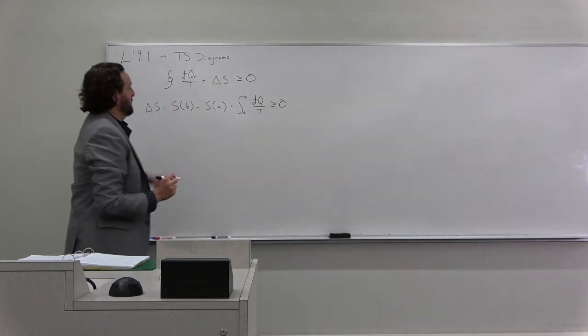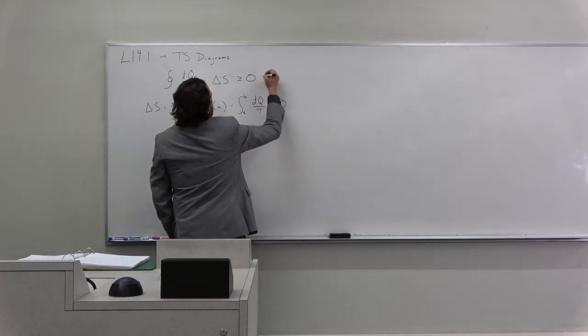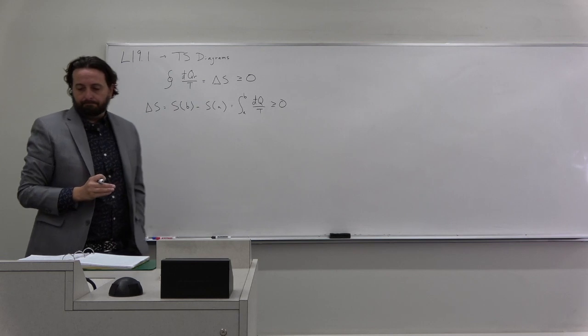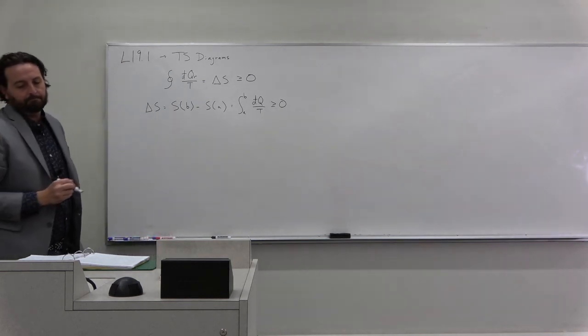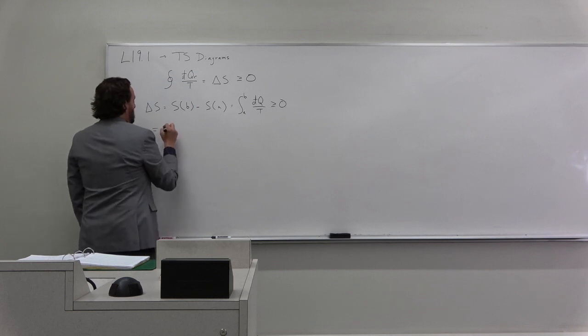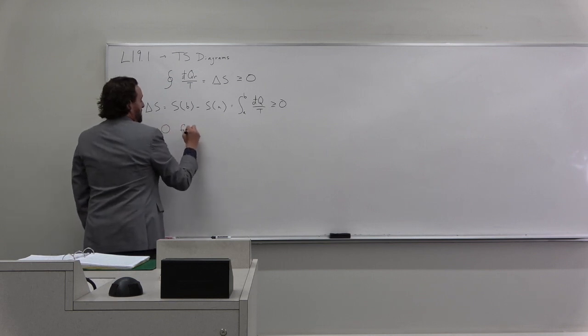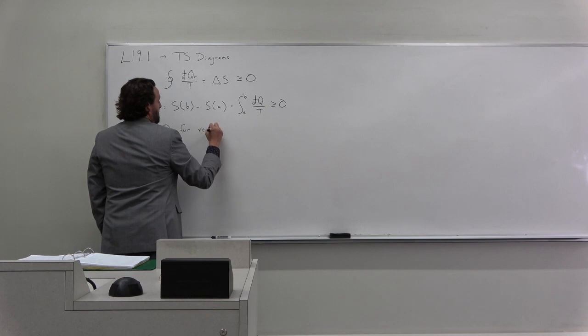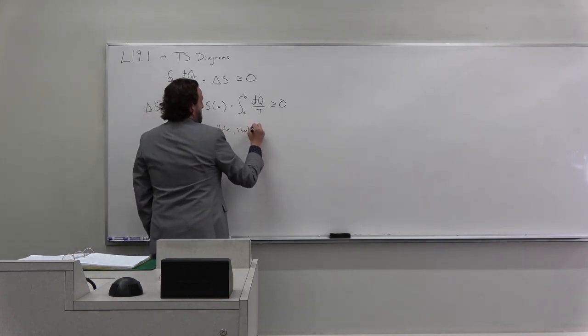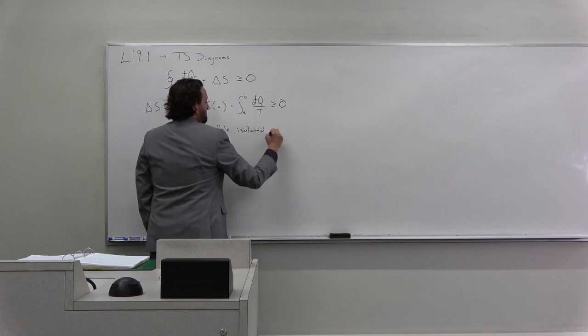So in a closed loop, it was 0 for an isolated system. And remember, these equal signs are only equal to 0 for reversible isolated processes.